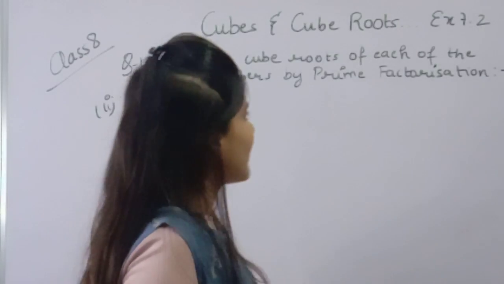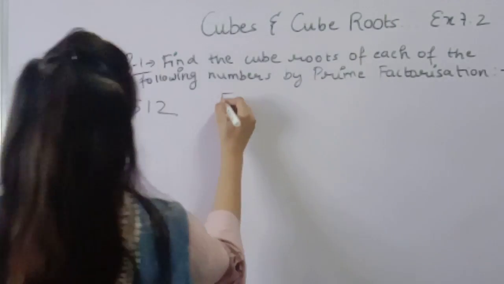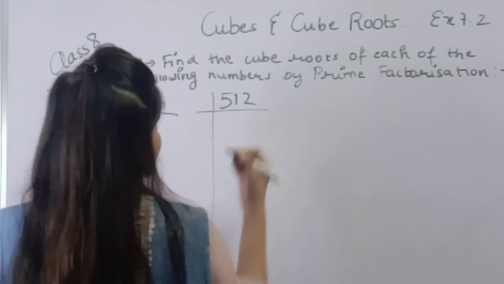Now we have to factorize this number 512, and 512 is a multiple of 2 again.